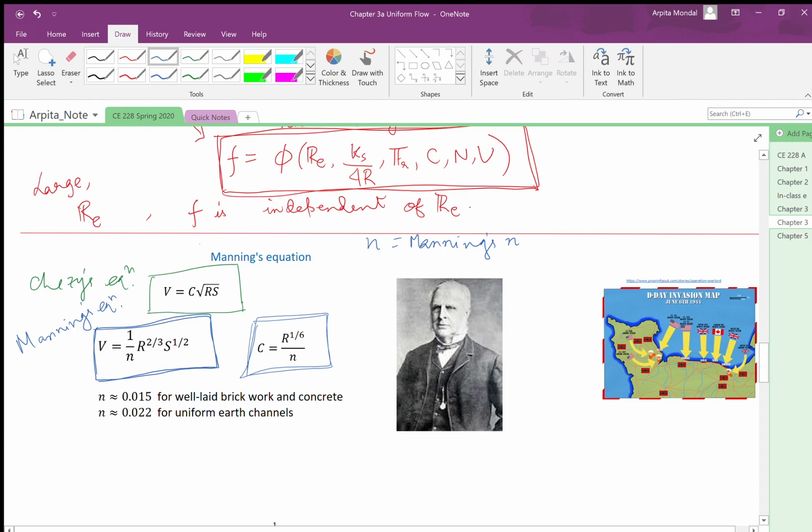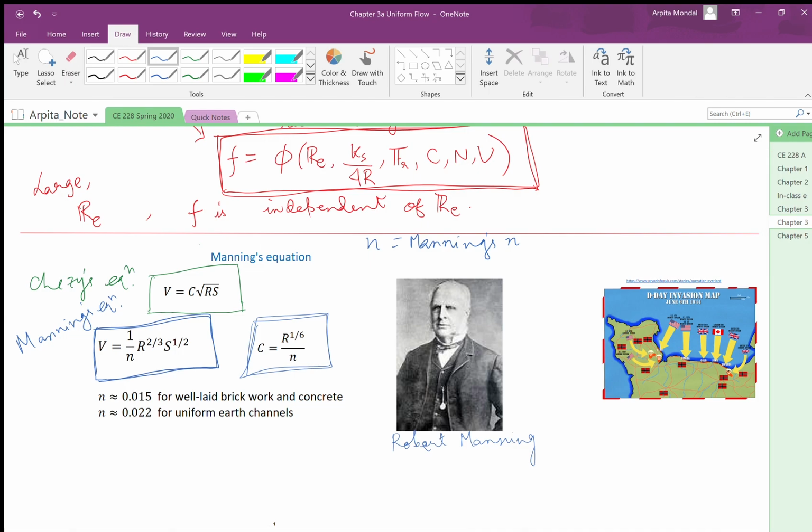Now let us talk a little bit about Robert Manning, who was an Irish engineer, popularly known as Bob Manning among his friends.